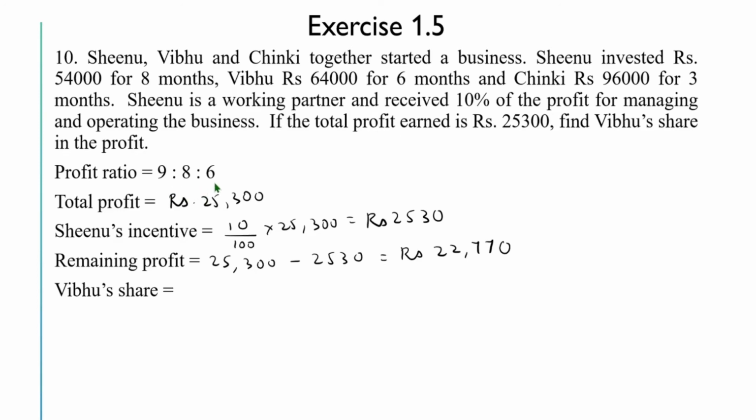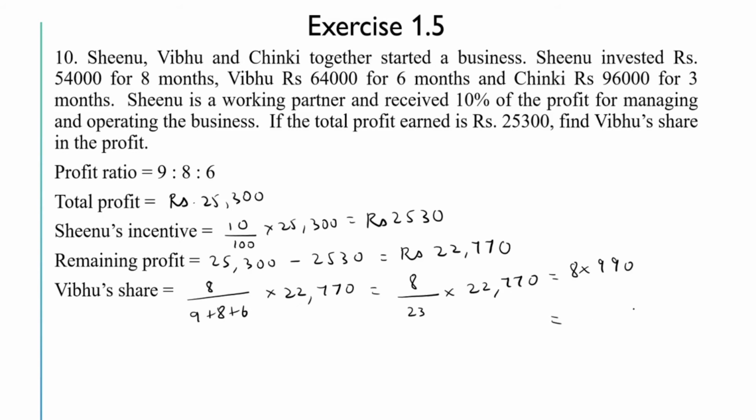So Vibhu's share will be 8 by 9 plus 8 plus 6 into 22,770, which is equal to 8 divided by 23 into 22,770, which is equal to 8 into 990, which is equal to 7,920.